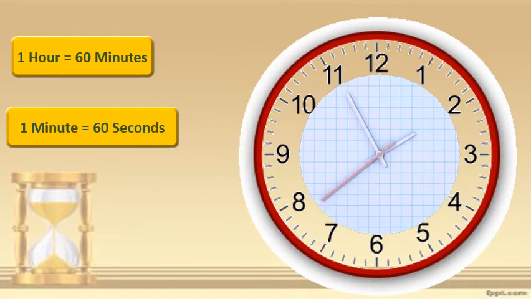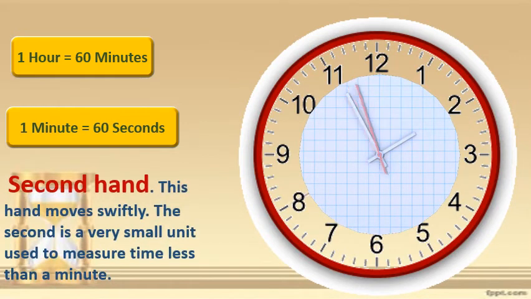Means when the second hand completes one round, then the minute hand changes its place to the next digit. Got this? And second hand, this hand moves very swiftly. The second is a very small unit used to measure time, that is less than a minute. Got this, students?